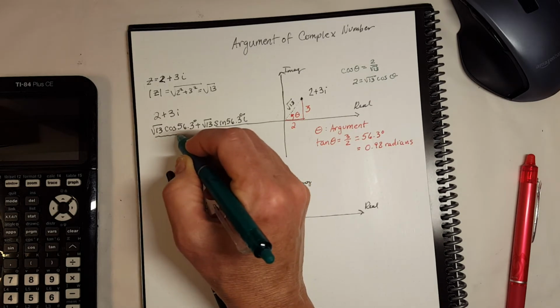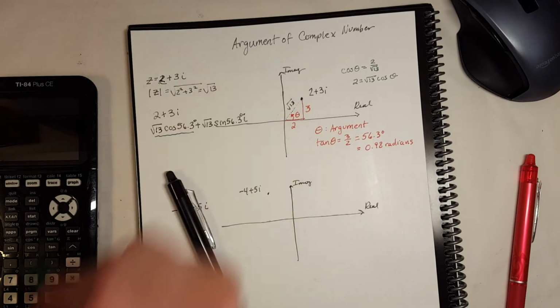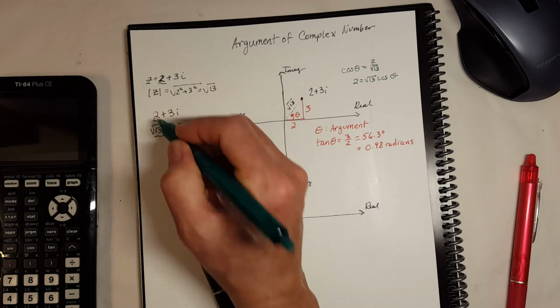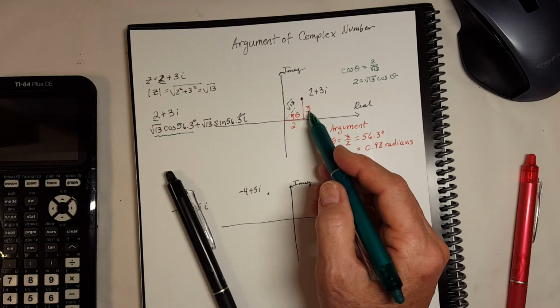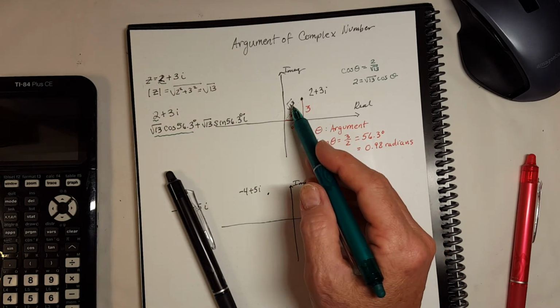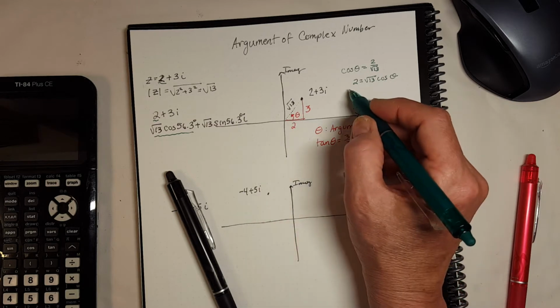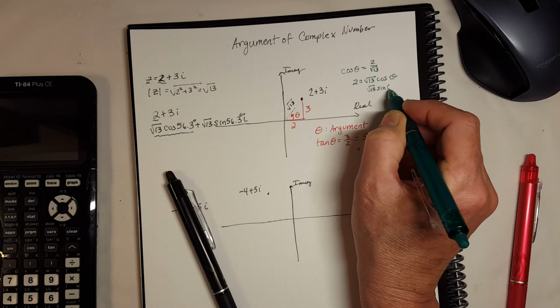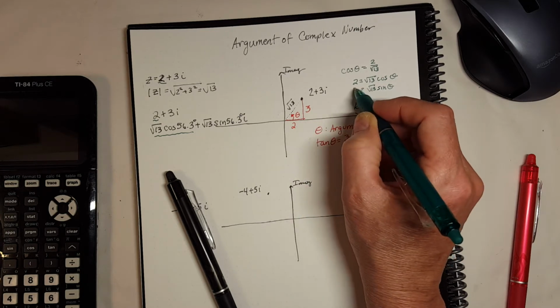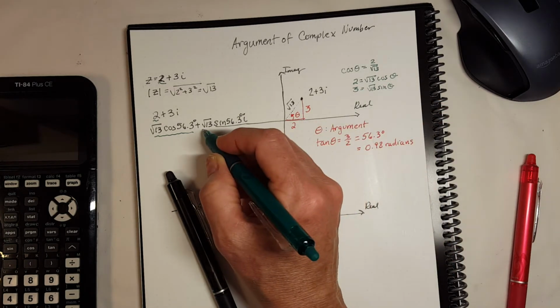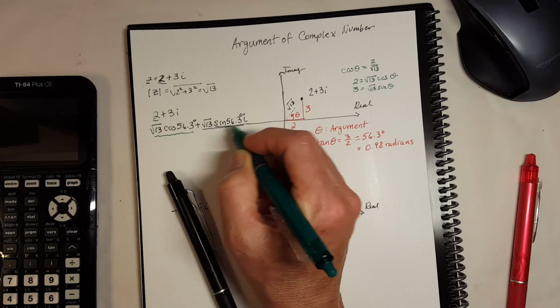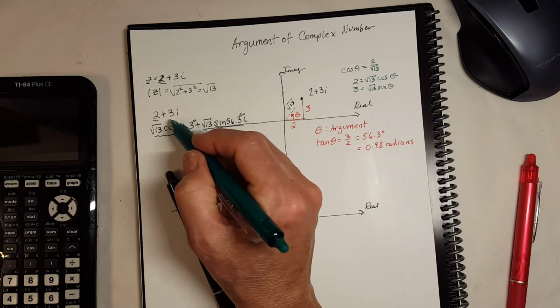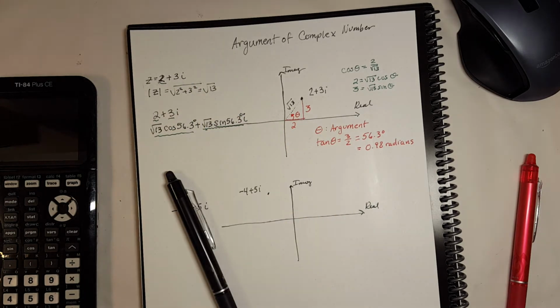So root 13 times the cosine of theta is the real part of my number. And we could do the same for the 3: the square root of 13 times the sine of the angle is going to equal our opposite side, which is 3. So this expression is equal to our imaginary part.